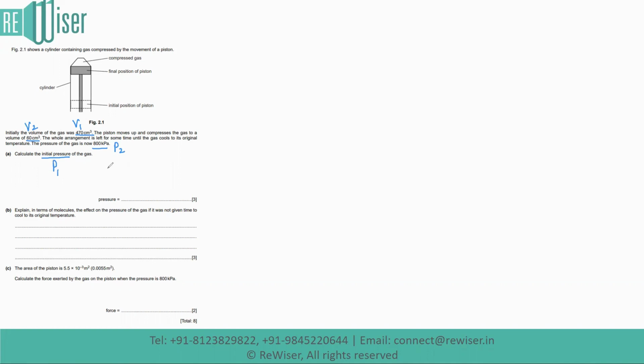Pressure P is inversely proportional to volume, specifically when temperature is kept constant, or in other words, P1 V1 is equal to P2 V2.